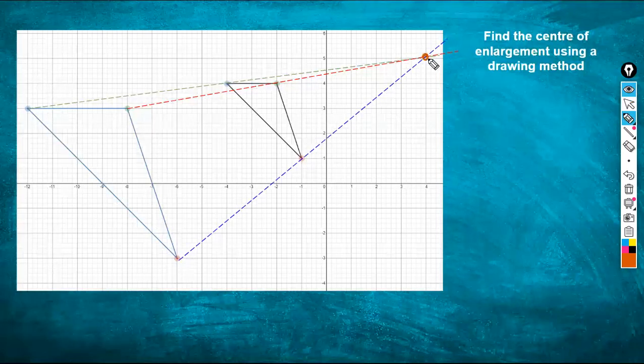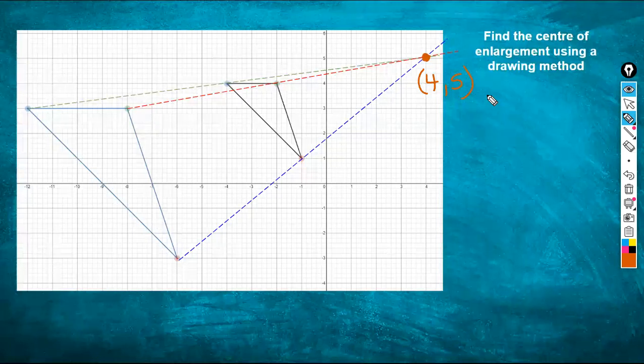All the lines came together at this point. What's the coordinates of that point? 4, 5. 4 on the X, 5 on the Y. So the center of enlargement is 4, 5.